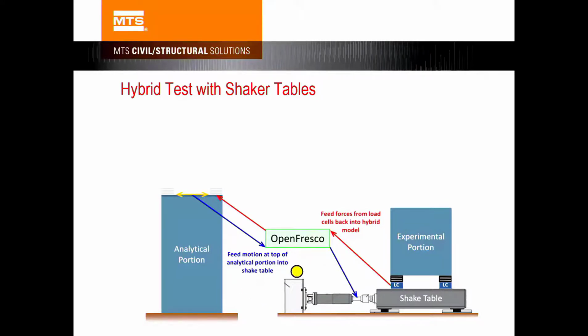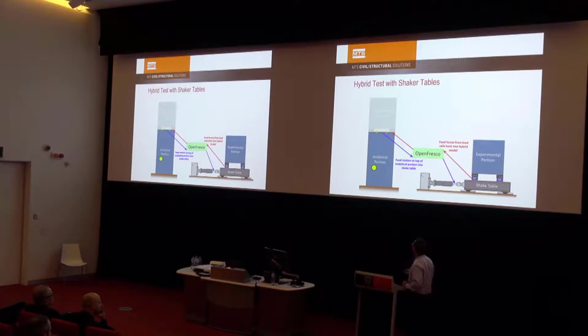Before, hybrid shaker table tests mostly tested the full structure. If the table is not big enough, then you have to shrink down the whole specimen by a factor of maybe 10 or 50 or something like that.